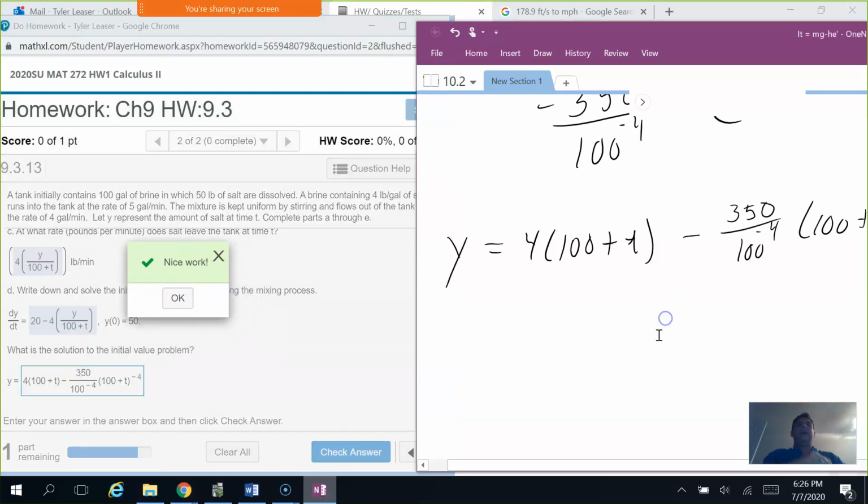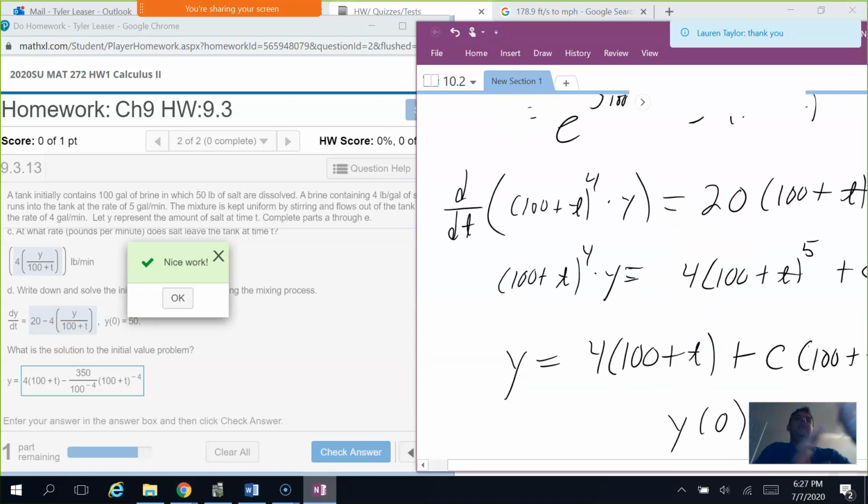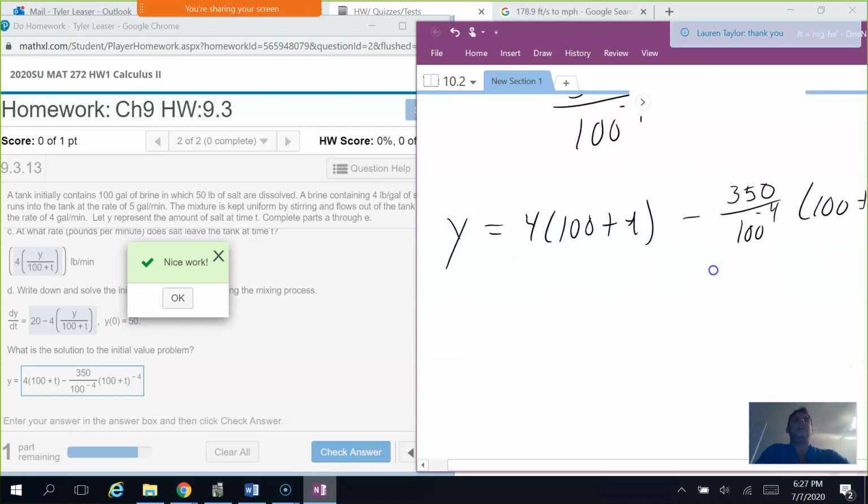And again, we got that by taking the initial value problem that we'd set up and then solving that using the linear steps that we talked about in section 2. So it's finding the integrating factor, multiplying it over, and then integrating both sides.